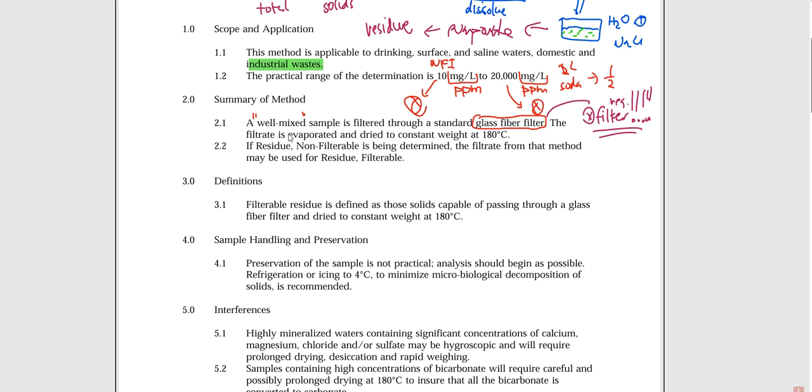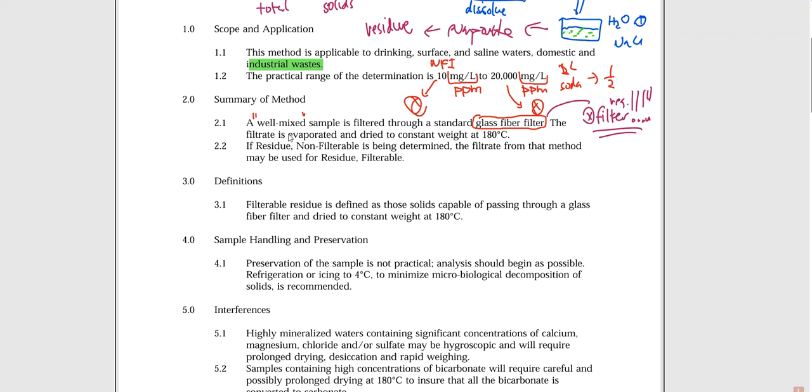I want the majority of that sample to go through, but those dissolved solids, folks, they need to go through that filter paper. If we choose the wrong filter paper here with smaller pore sizes, then this method is no good anymore, because we are not following this method as it is written and as it is intended.